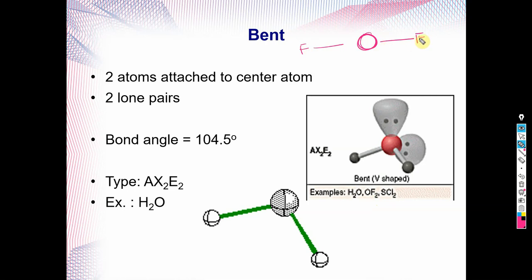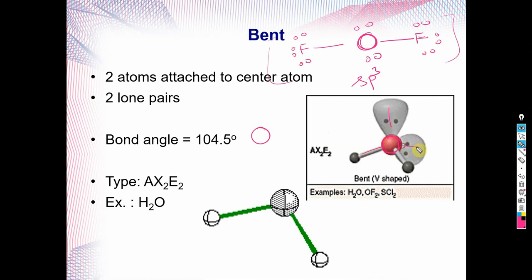Fluorine we know has to have 1 bond, and oxygen is supposed to have 2 bonds, so it will have 2 bonds and 2 lone pairs. And a structure like this is a Lewis structure, and you know that when you have oxygen with single bonds, it's going to be sp3 hybridized.